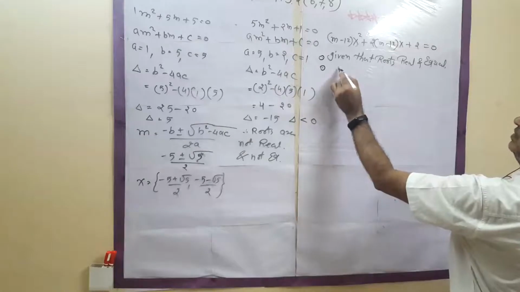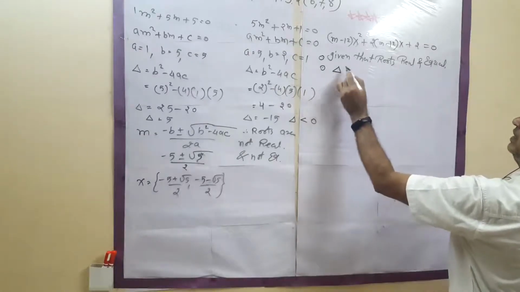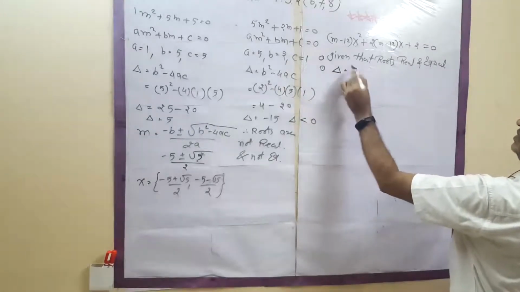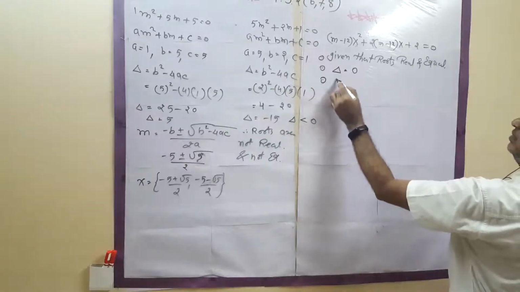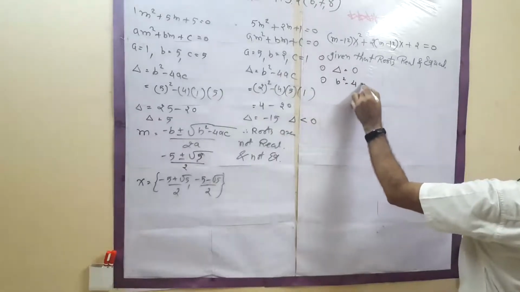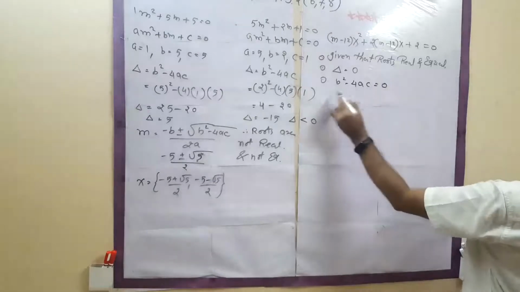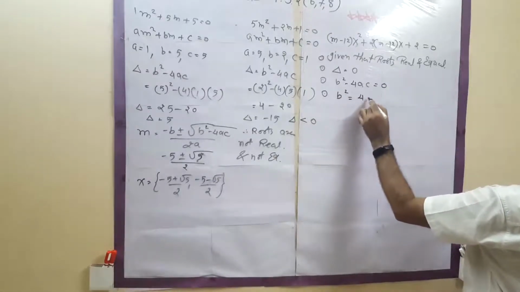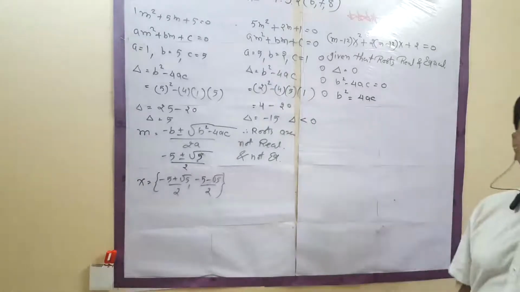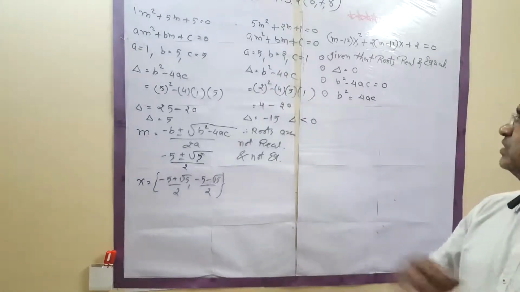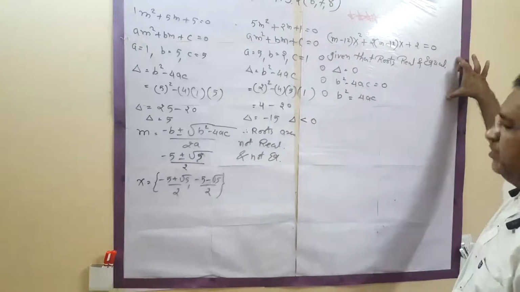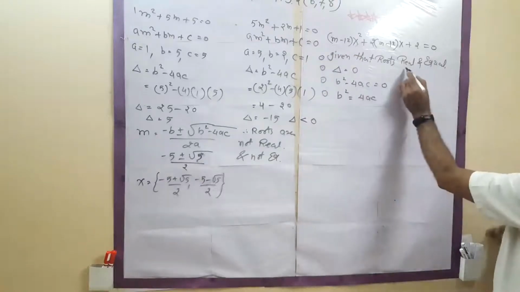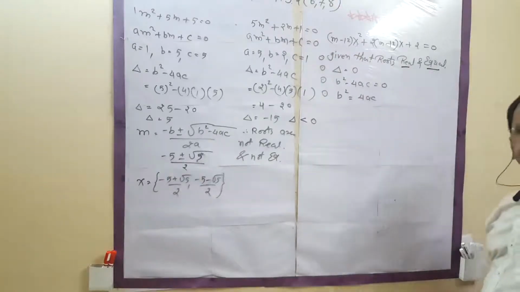Therefore, delta is equal to 0. Therefore, b square minus 4ac is equal to 0. Therefore, b square is equal to 4ac. These 4 steps you have to write where it is given real and equal.